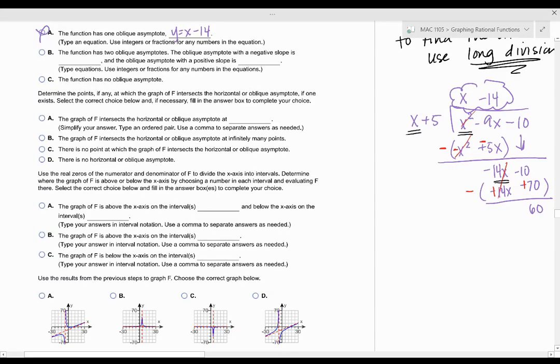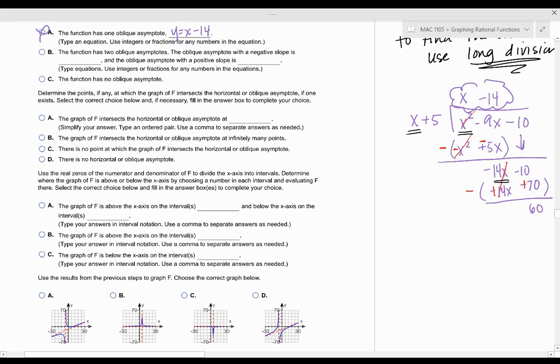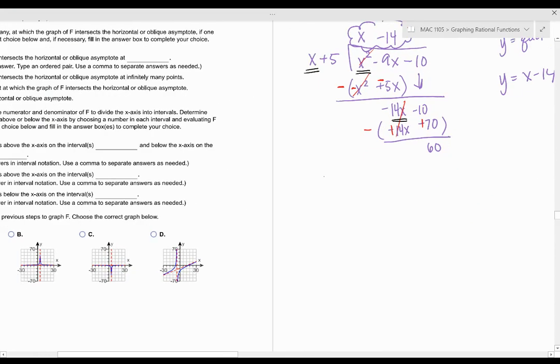All right, the next section wants to know if our graph is going to intersect our horizontal or oblique asymptote at any point. So remember, if you want to find out if they intersect, you need to set your function equal to your asymptote. So we're going to set f of x equal to our oblique asymptote.